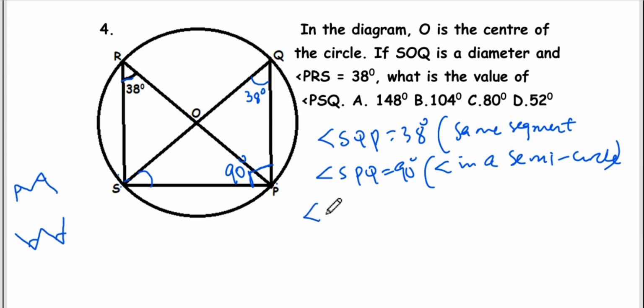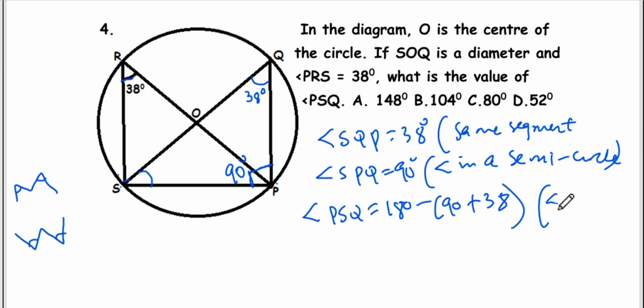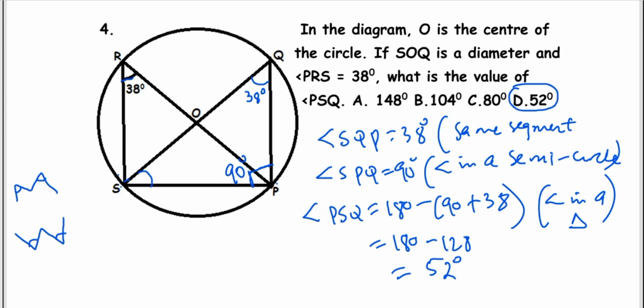So angle PSQ is equal to 180 minus 90 plus 38. That's sum of angles in a triangle. That becomes 180 minus 128, that's 52 degrees. Option D, 52 degrees.